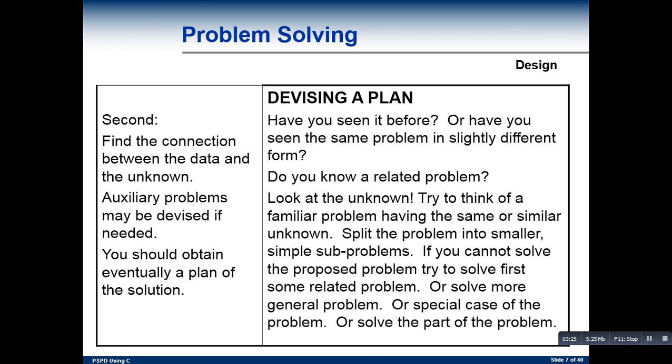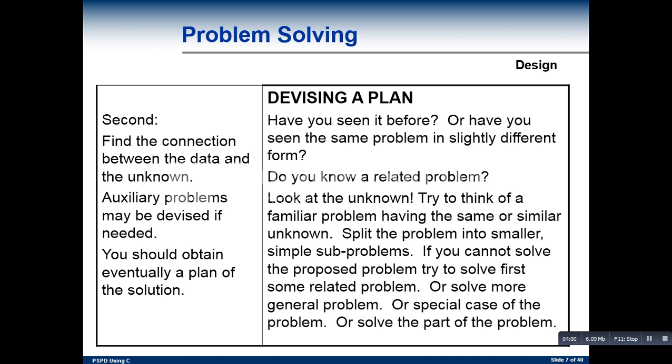Do you know a related problem? Look at the unknown. Try to think of a similar problem having the same or a similar unknown. Split the problem into smaller simple sub-problems. If you cannot solve the proposed problem, try to solve first some related problem, or solve a more general problem or a special case of the problem, or solve part of the problem.